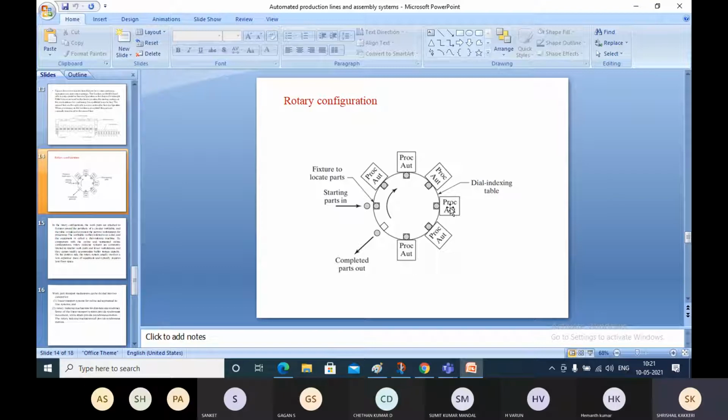So that means the work table will be idle for 2 minutes. Whichever workstation consumes the maximum amount of time, that will be taken as a reference for the indexing table rotation. That will be the idle time.